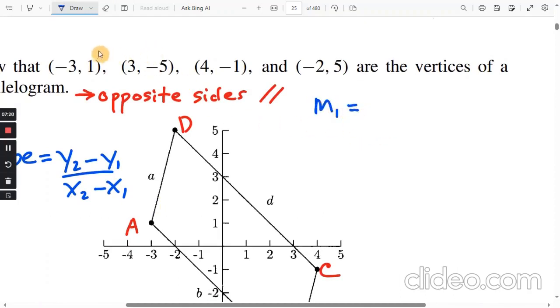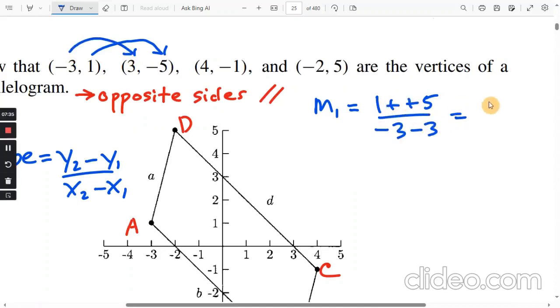Change in y, I'm going to do 1 minus negative 5. Change in x, negative 3 minus 3. 2 negatives make it positive. 5 plus 1 is 6. Negative 3 minus 3 is negative 6. And that slope is negative 1.